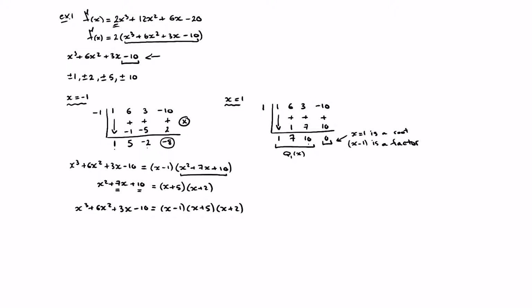So we have to put that back now for our final answer. And so we can write f of x equals 2 times x minus 1 times x plus 5 times x plus 2. And we're done. We've just root factored this polynomial.